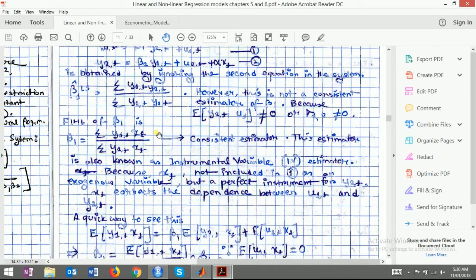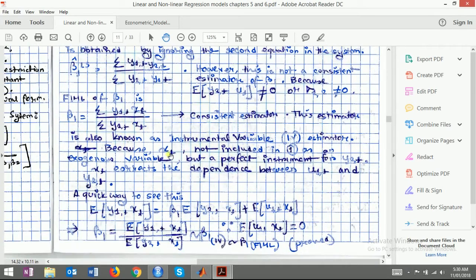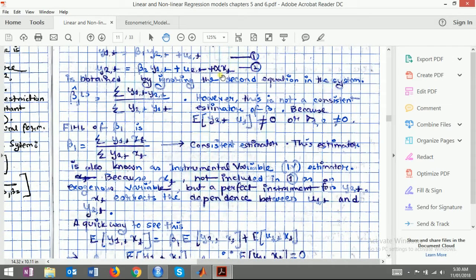The IV estimator of beta 1 is y1t xt divided by y2t xt, whereas OLS is y1t y2t divided by y2t y2t. It's a consistent estimator. This estimator is also known as the instrumental variable estimator because xt is not included in the first equation as an exogenous variable, but xt is a perfect instrument for y2t.